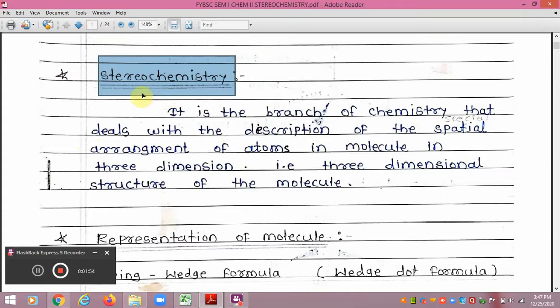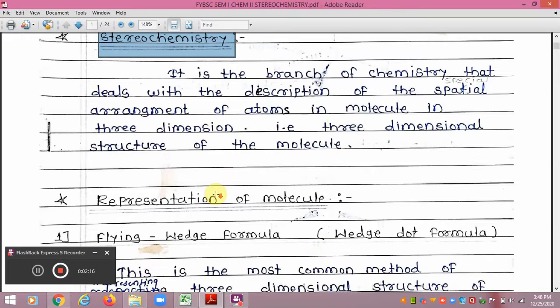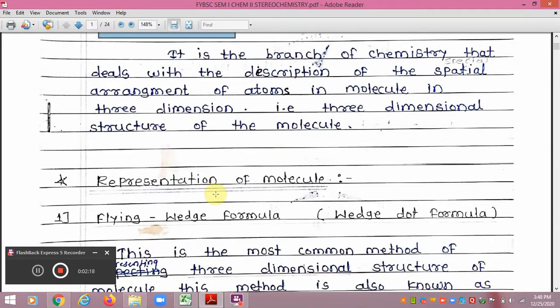Here, stereos means regarding space, and therefore stereochemistry is defined as the branch of chemistry which deals with the description of the spatial arrangement of atoms in the molecule in three dimensions. That is simply called the three-dimensional structure of the molecule. It means the branch of chemistry which deals with the three-dimensional structure of the molecule is called stereochemistry.